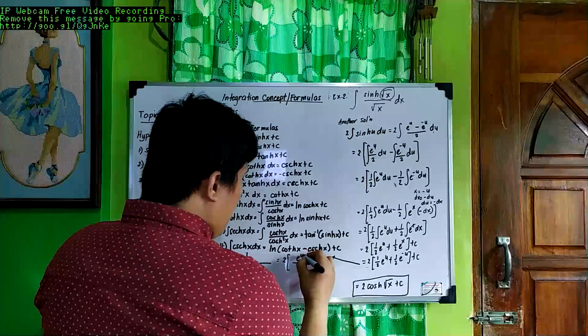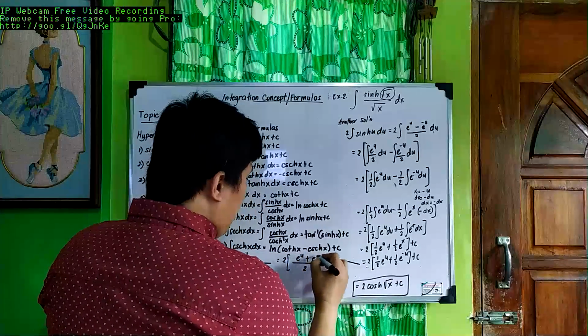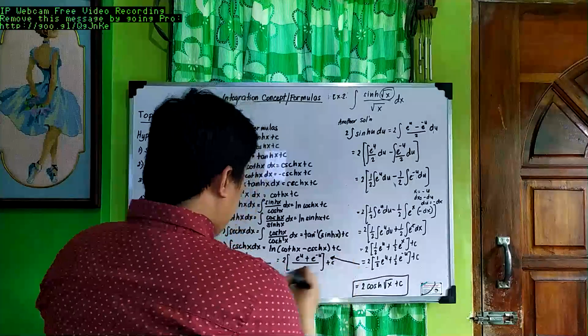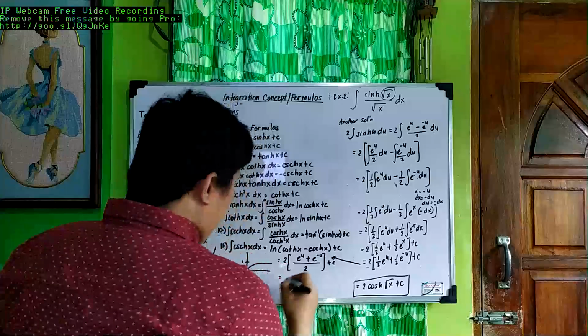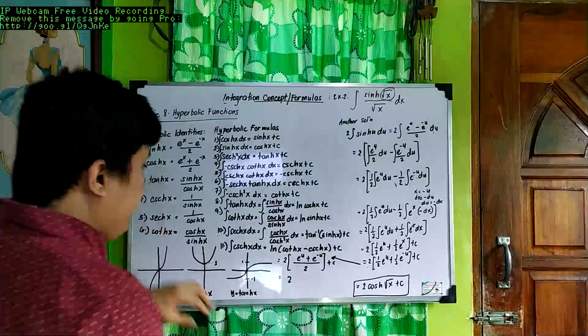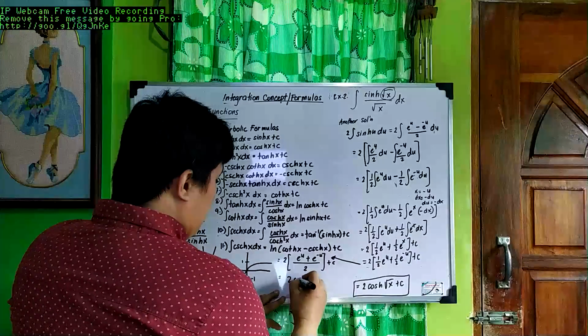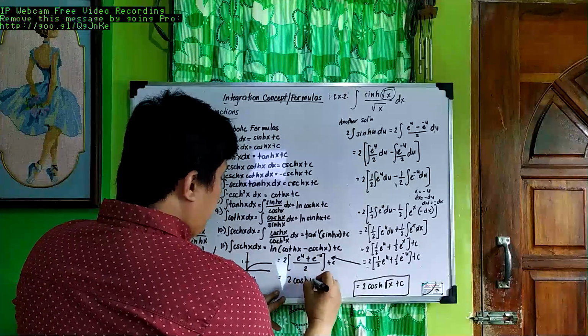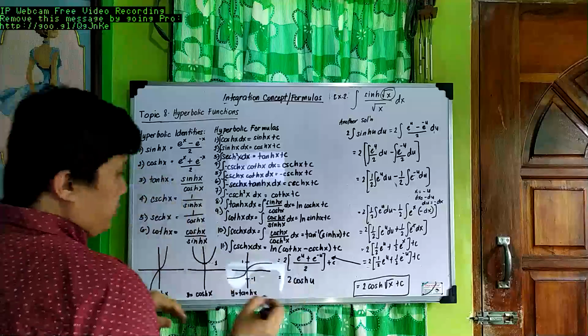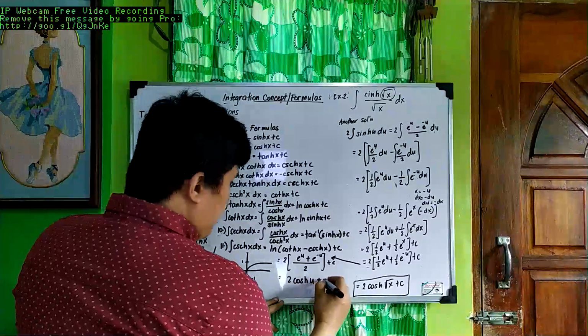So you have e^u plus e raised to the power negative u plus c. Therefore, what is this? That is cosine hyperbolic u plus c.